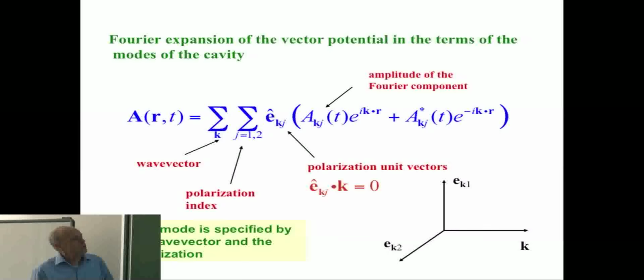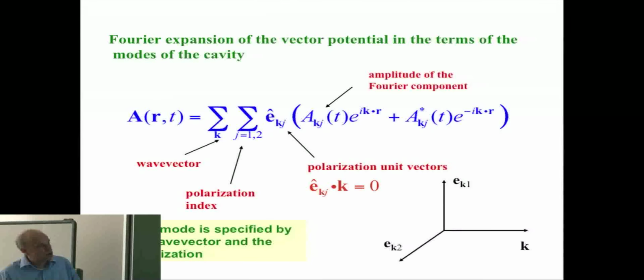Now, if we use this Fourier expansion for the vector potential and we substitute it in the wave equation that we want to solve, what we can find is an equation for these amplitudes.